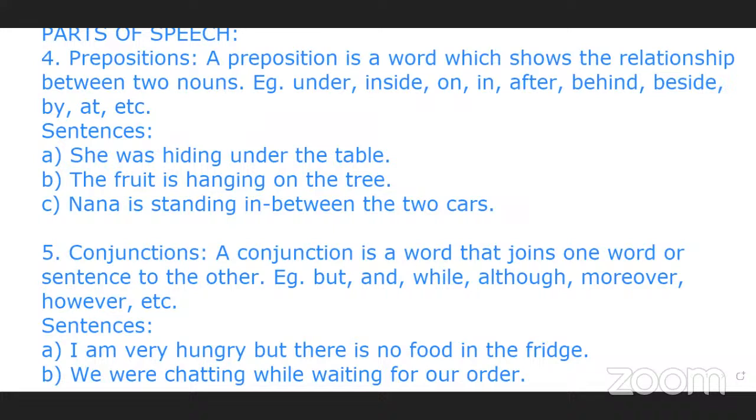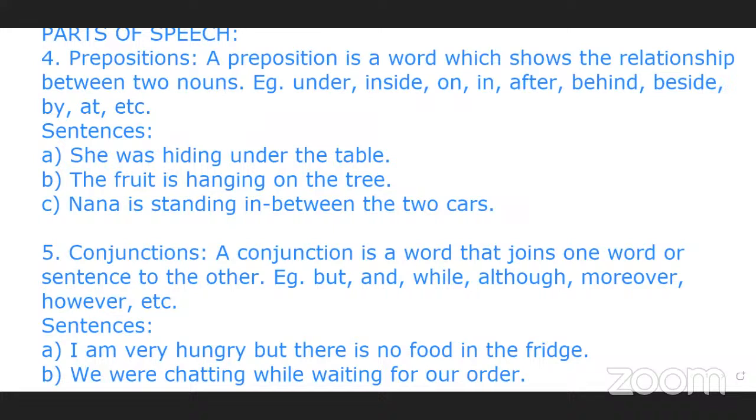So we have to be careful not to confuse them. The word 'and' is joining Kofi and Amma. The one that joins is a conjunction. But the preposition shows the relationship between the two. That is where you said Nana is standing in between the two cars.